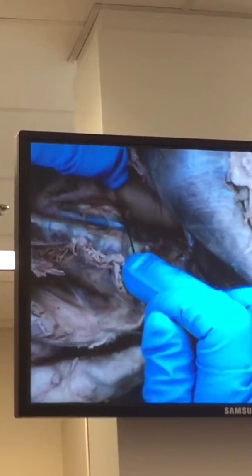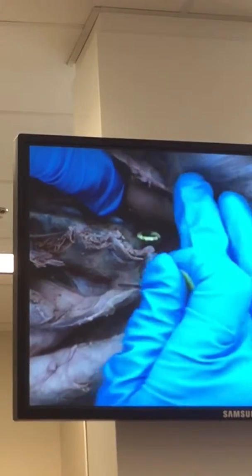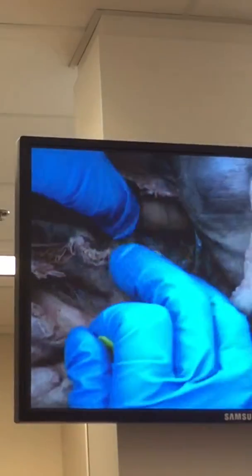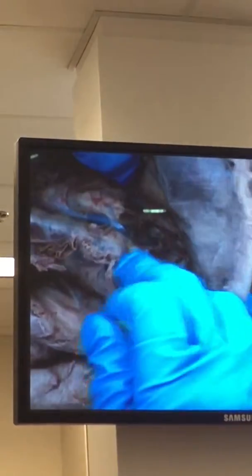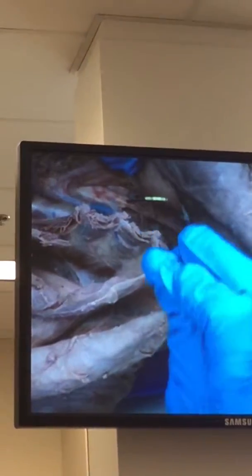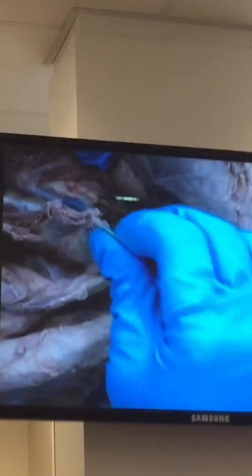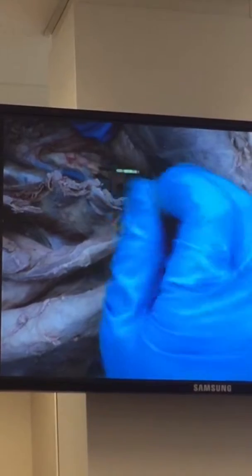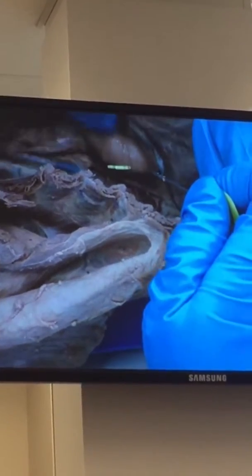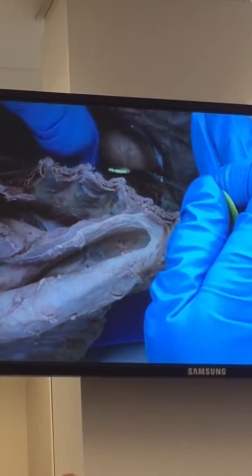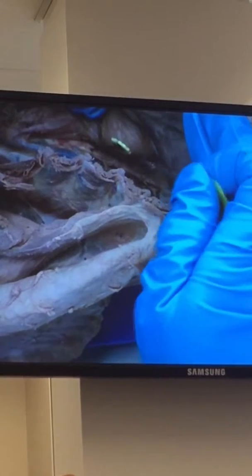See where I have that number 3? I am above or superior to the diaphragm. I'm in a pink vessel right there. What is this thing though that I'm retracting here? Big. Sometimes it's small. This cat ate a lot right before it died.